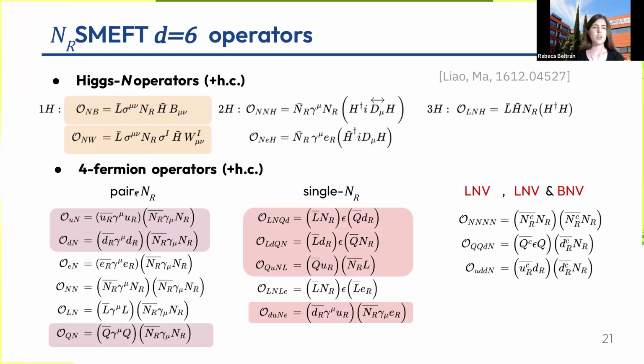These operators can be divided into two groups: those containing two right-handed neutrinos, the pair N operators, and those containing just one right-handed neutrino, or the single N operators. And lastly, we also have some lepton and baryon number violating operators. But anyway, we are going to focus only on these highlighted operators, since they can have an impact on the LHC phenomenology.